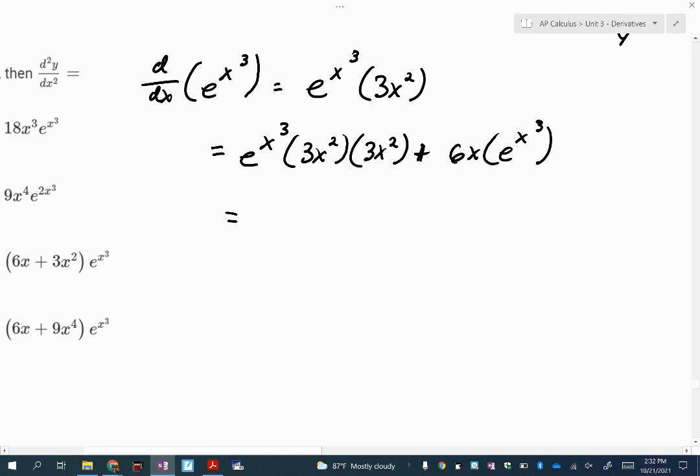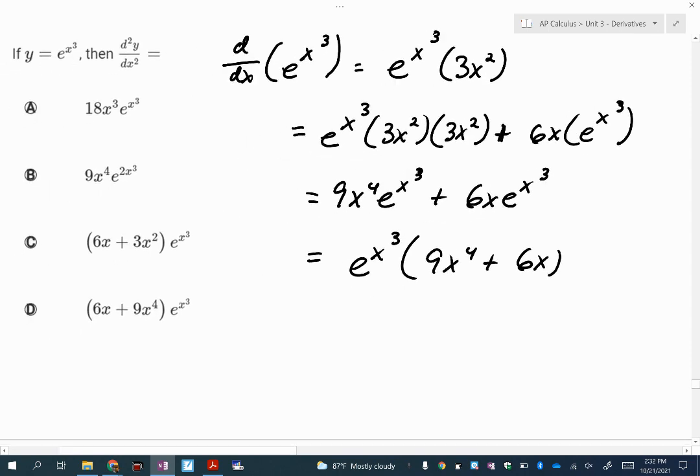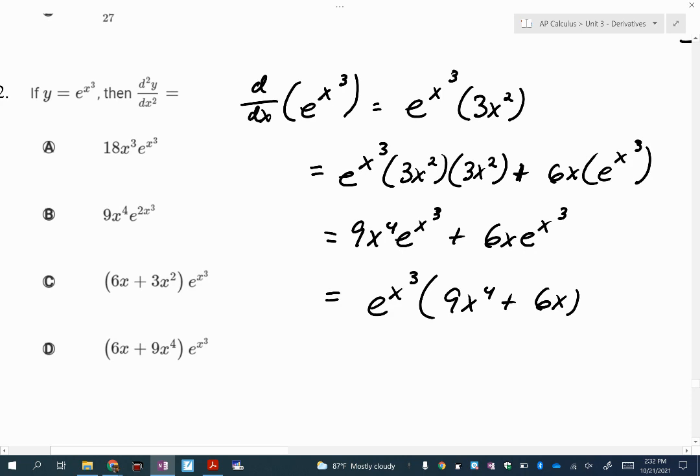All right, so that's going to be e to the x cubed power times 9x to the fourth power plus 6x times e to the x cubed power. If you factor out e to the x cubed, you'll get 9x to the fourth power plus 6x, which is going to be letter D.